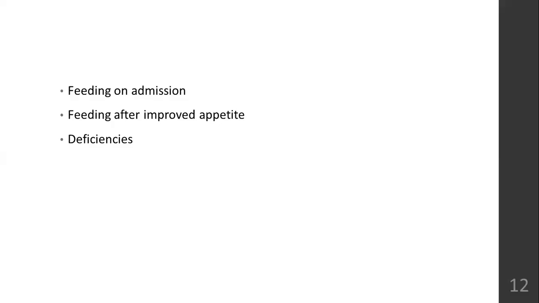And after that, deficiencies. Simultaneously, all these deficiencies also you have to take care of. Vitamin A deficiency. Prophylaxis is given: if the child is less than 6 months of age, 50,000 international units of vitamin A on day 1 and day 2.